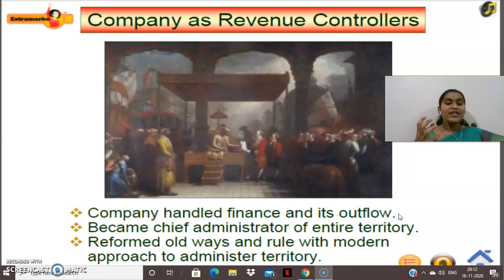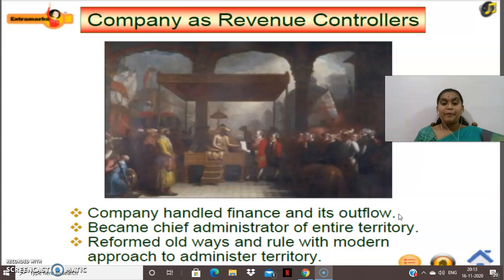So they started to handle the finance and its outflow. Finance means money transactions, and how the money flows out. And they became the chief administrator of the entire territory.